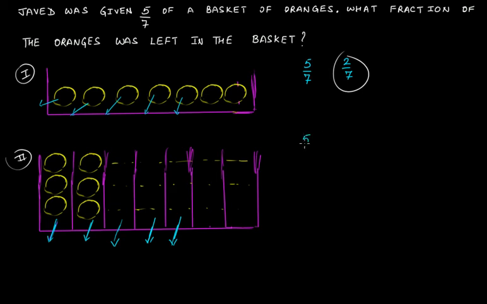So if I give away 5 by 7, that is these 5 sections, how many sections are you left with? You are left with this section and this section. So you are left with now what? 2 by 7 of the basket of oranges. That's simple. Now, in this case also you are getting the same result.